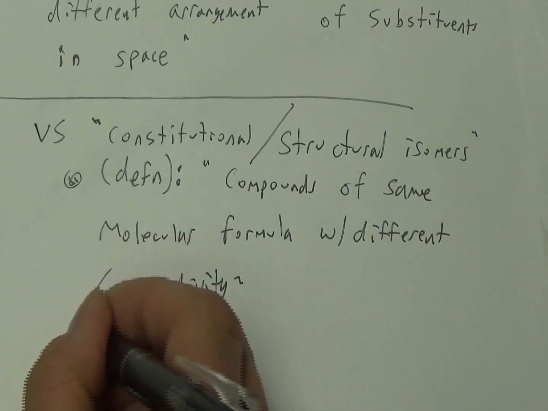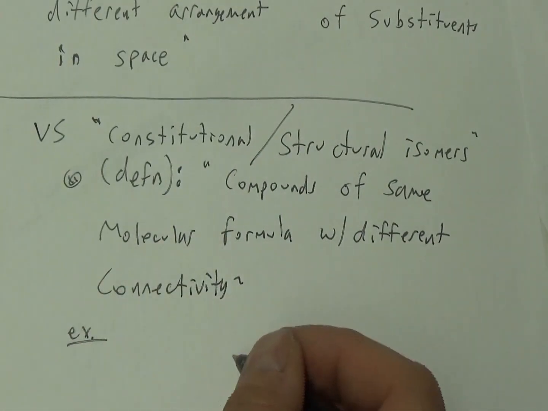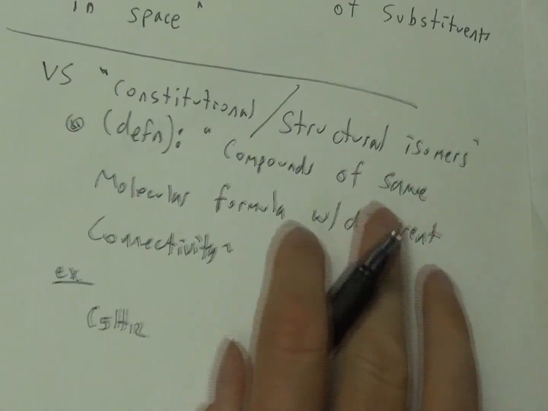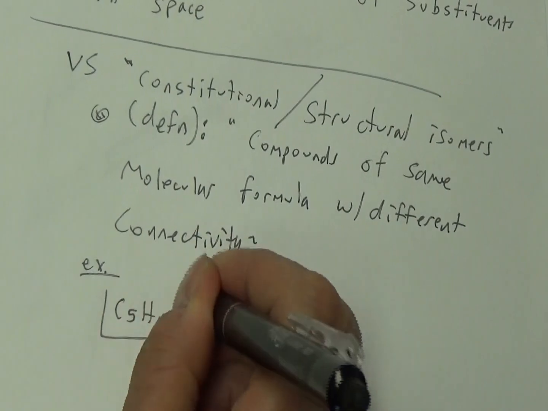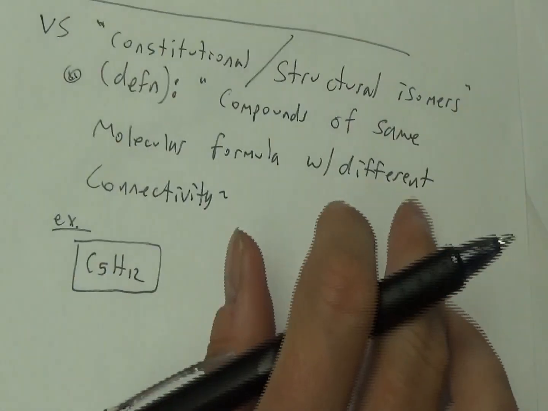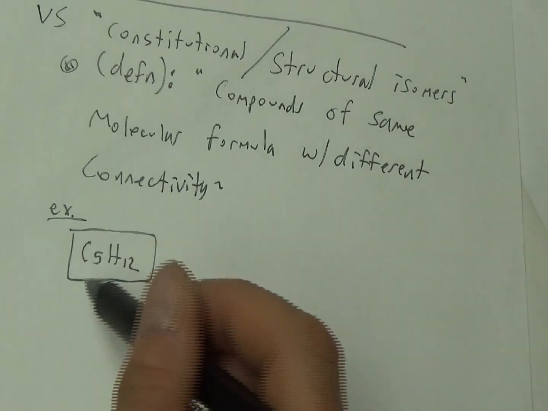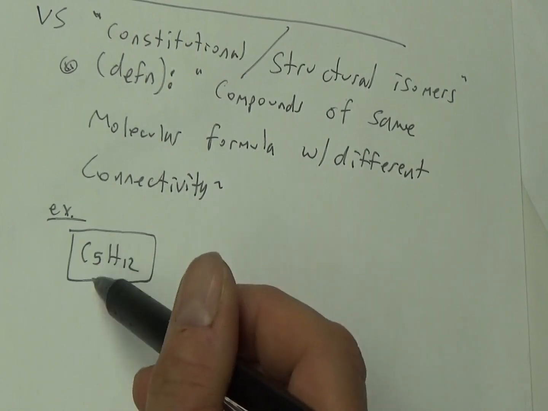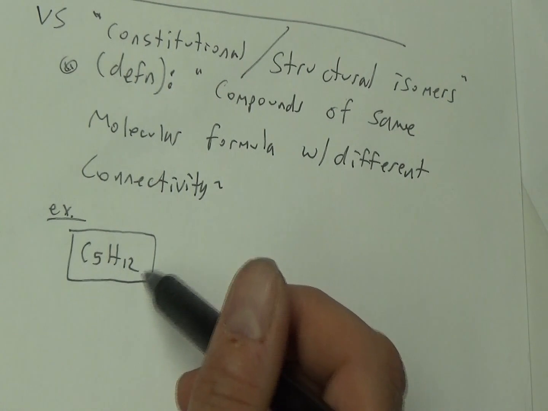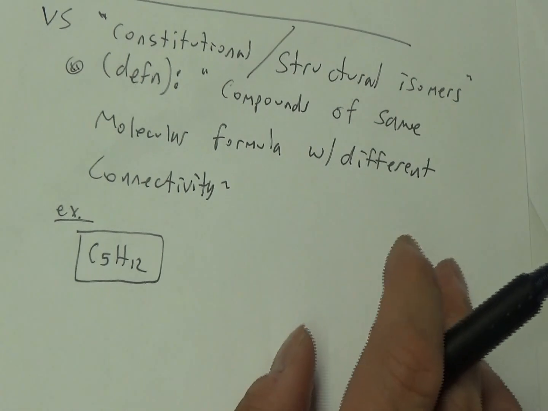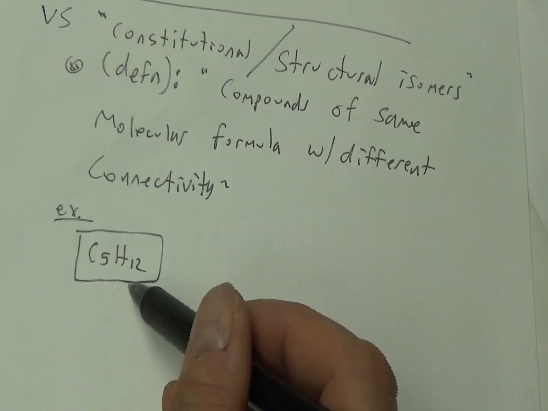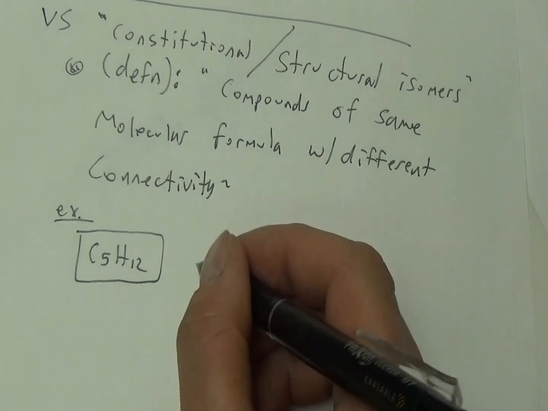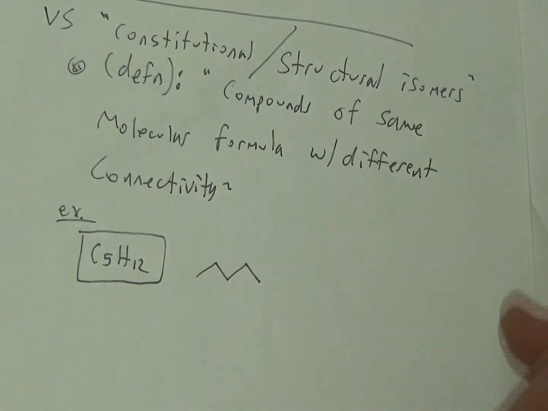Alright, so that's the other kind of isomer that you know right now. Examples, if we consider C5H12, I think we did tell you this before, that if you have CxH2x+2, like C5H12, that's what you get for linear and branched alkanes. So what's the easy way to draw C5H12? It's 5 carbons, right?